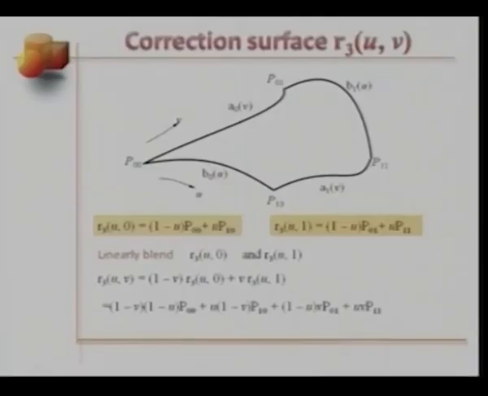If you work your algebra properly, you will notice that if you use R3(U,V) in this form, R(U,V), which was the original model for this bilinear Kuhn's patch, which was the sum of R1(U,V), the linear blend between B0 and B1, and R2(U,V), the linear blend between A0 and A1, and if you subtract R3(U,V) from that sum, where R3(U,V) is given by this expression, you would realize that all your boundary conditions are met.